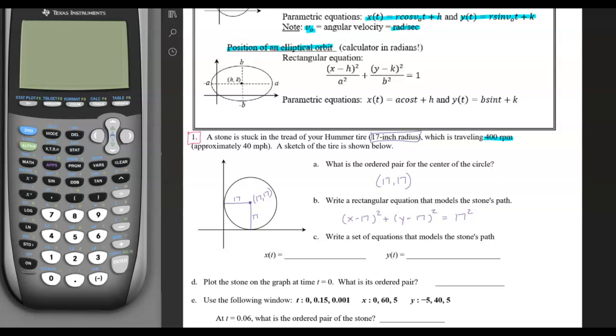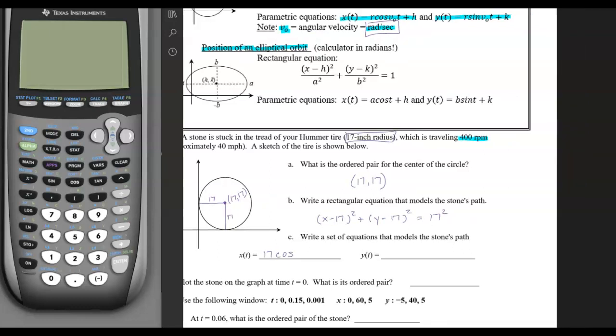We have the radius at 17, so we can start this, right? 17 times the cosine of, what's wrong with our velocity? Right. Our velocity is given in terms of revolutions per minute. We need it to be in radians per second.